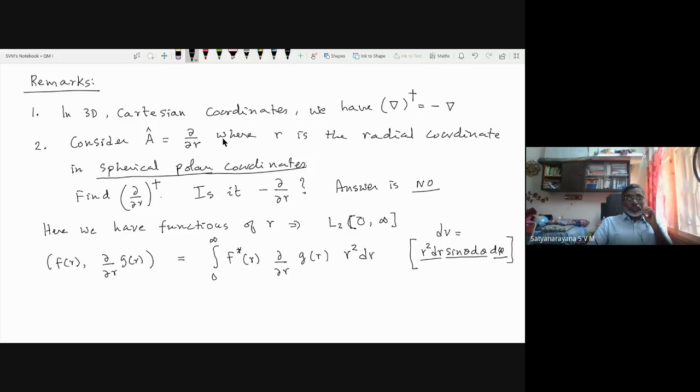Now this is something a little tricky. You have to consider this r square together with this f star of r.